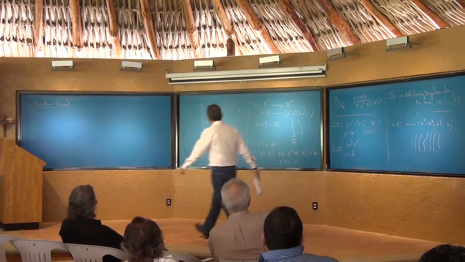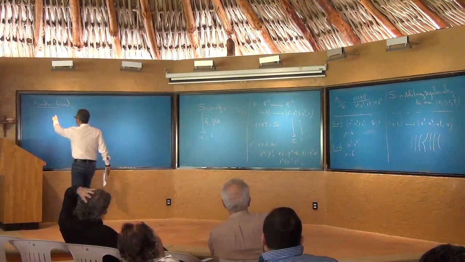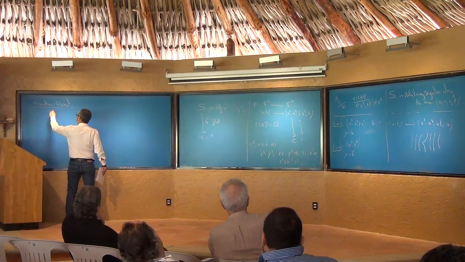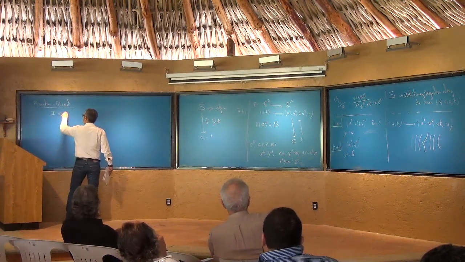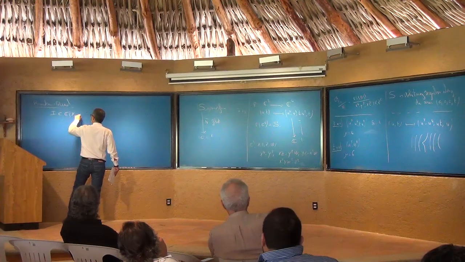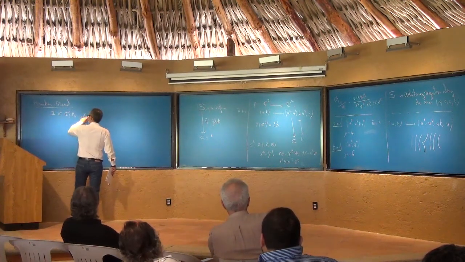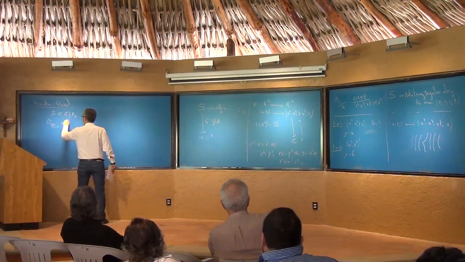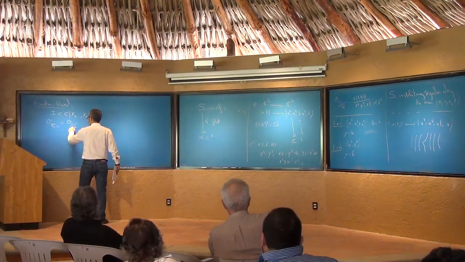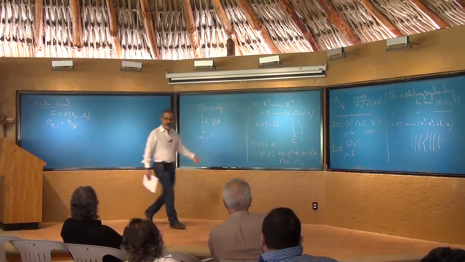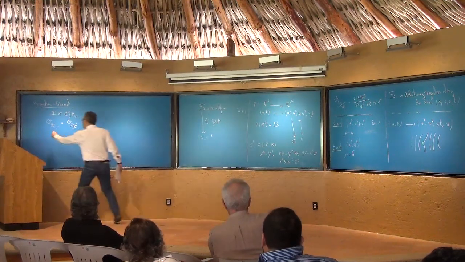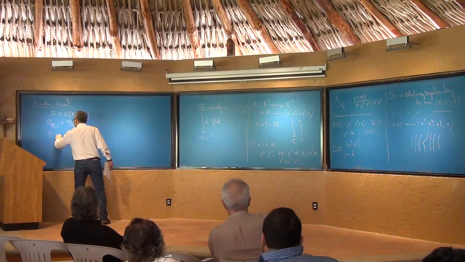So let me make it a little bit more precise. Consider now an ideal I in C{x1, ..., xn} that defines a curve C. Okay, so this is the ideal defining my curve, and suppose that C is generically reduced.